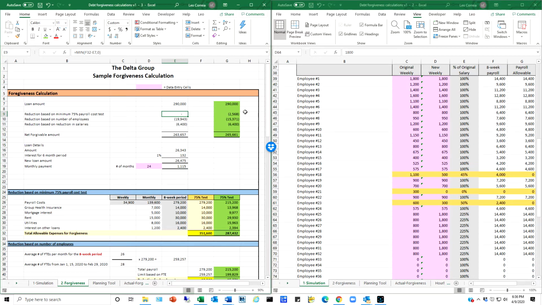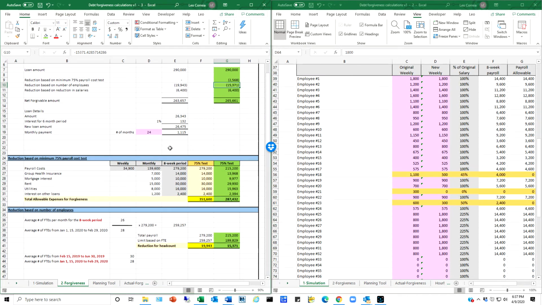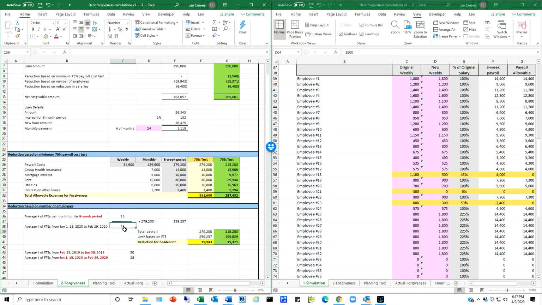Because my forgiveness has gone up, instead of having a subtraction for $2,500, I've actually got a zero subtraction there, so that's returned. But what's interesting is that my reduction based on number of employees has changed. So if I look at that, really how that's computed is my ratio of headcount has stayed the same.